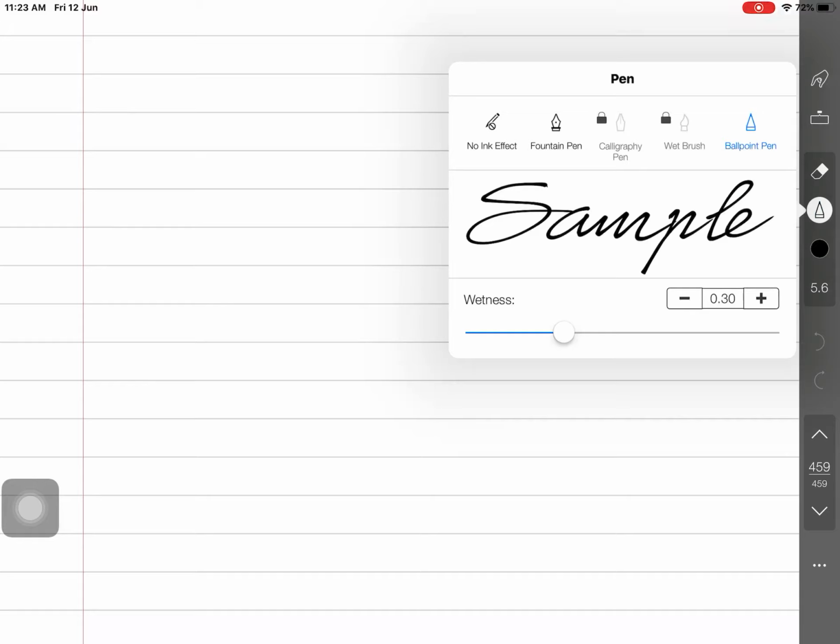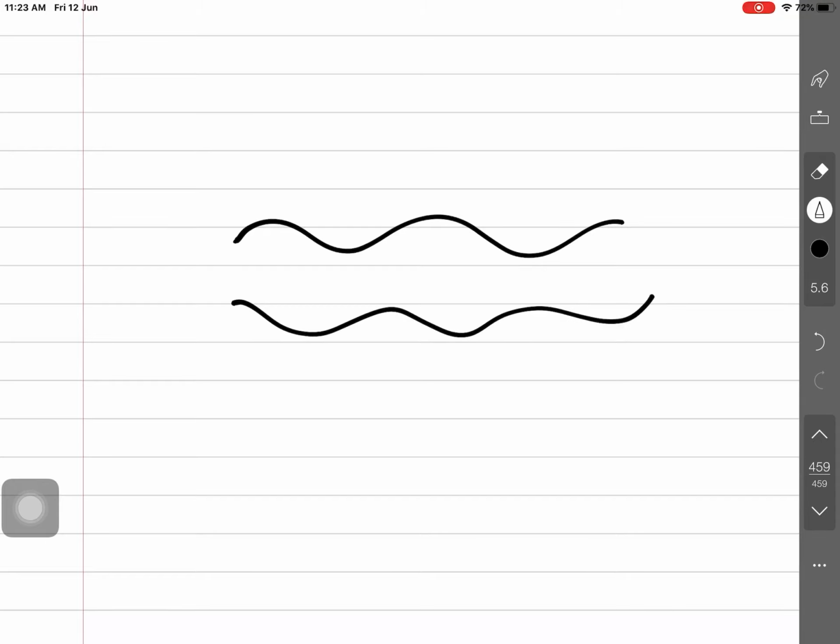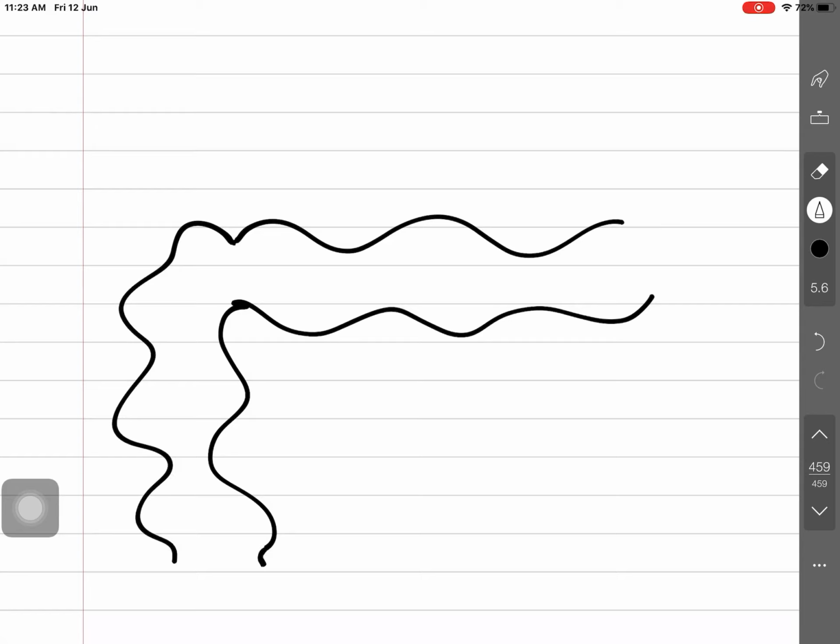Suppose this is what we are drawing here. Sorry, this is the large intestine, a coiled structure.